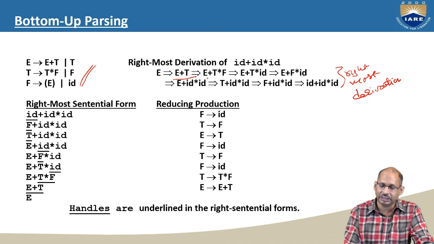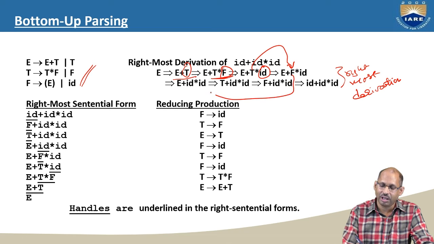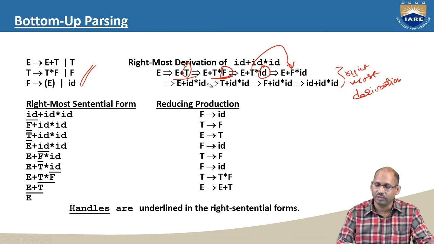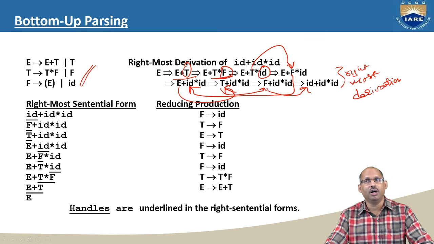E gives E plus T. T as T into F, then F as id. Then this T as F, then F as id, then this F as id, then E as T, T as F, F as id. So we are always replacing the rightmost variable.